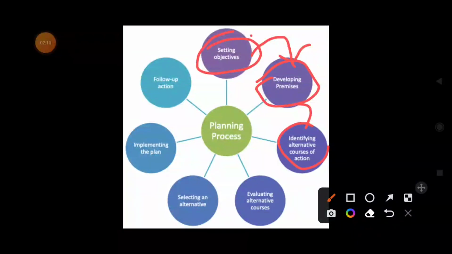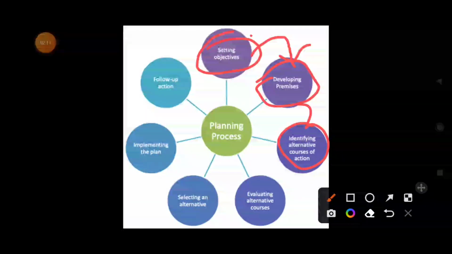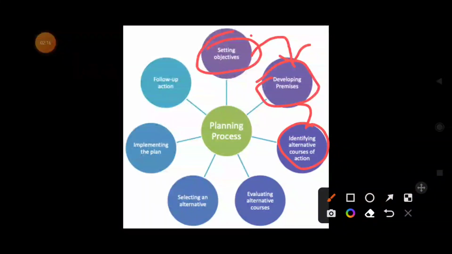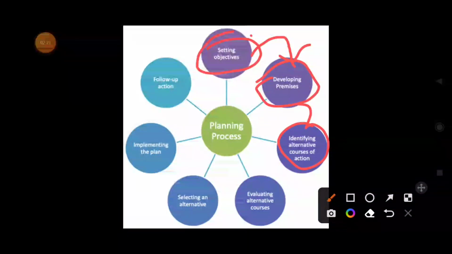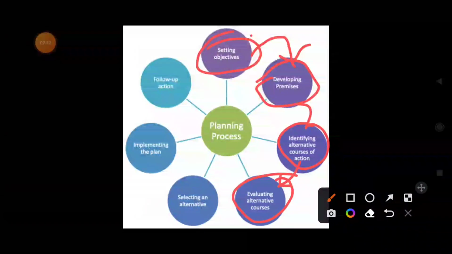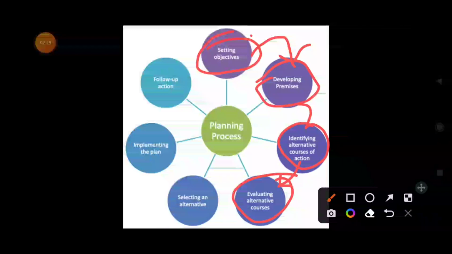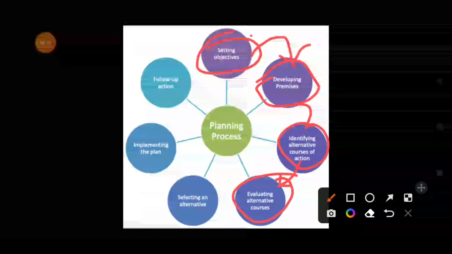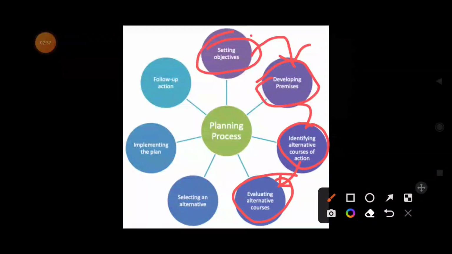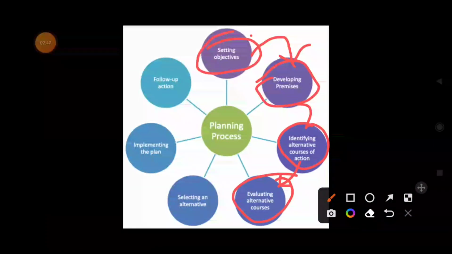Then identifying the alternative courses of action. Okay, to do that activity, what are the various courses of doing that thing. Then evaluating alternative courses, which one is the better one. First identifying the various things to be done, then alternative courses of action. You know, to do one particular task there may be 1, 2, 3 various ways of doing the work.